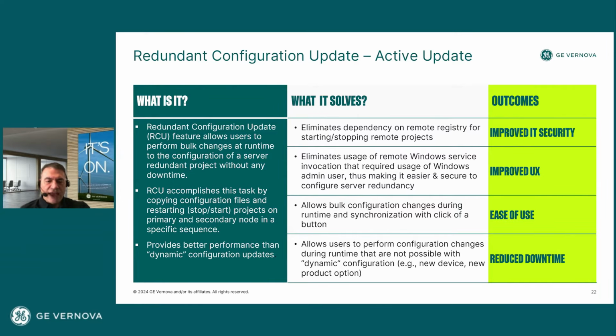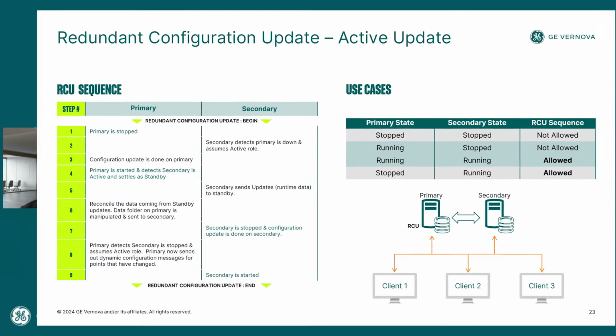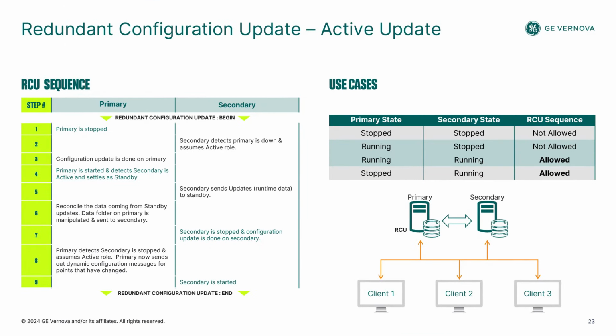And getting into how it actually works, it really is a completely automated system. You're just going to say, hey, I want to update this redundant pair with this new project. And I will go through all the details, but in short, what it's going to do is stop the primary. The secondary is going to start running and continuing to serve all the clients.